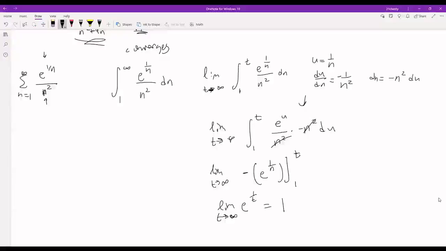And then we subtract e to the 1 over 1, which is just e. And that's all negative. So we can rewrite that as e minus 1. And e minus 1 is a finite value. And therefore, the series converges.